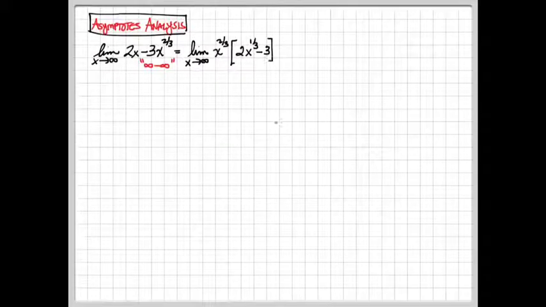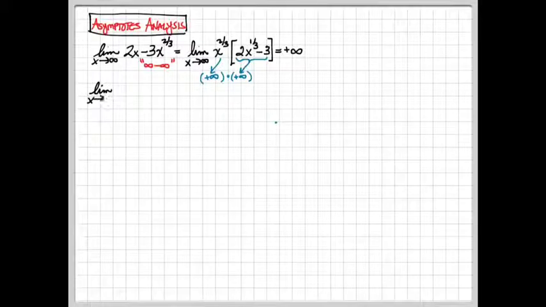That will leave you with 2x to the 1/3 minus 3. And when you consider what happens as x grows without bound, x to the 2/3 goes to positive infinity, and 2 times x to the 1/3 minus 3 also goes to positive infinity, albeit a little bit slower, which means the entire function is heading off to positive infinity.